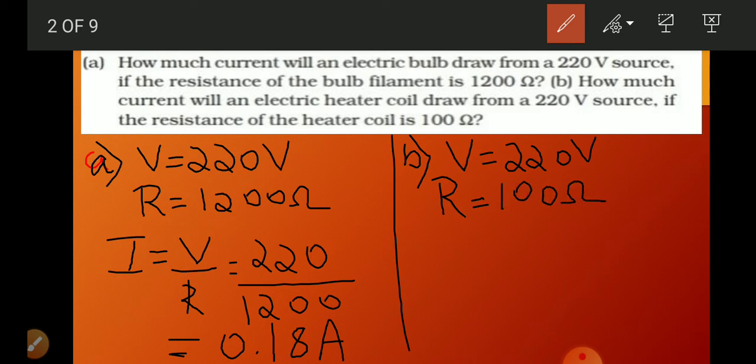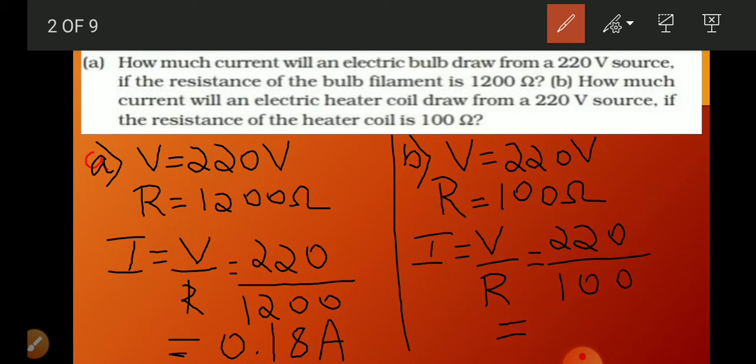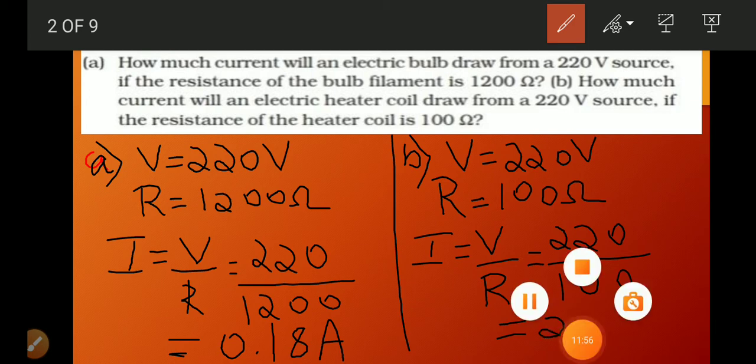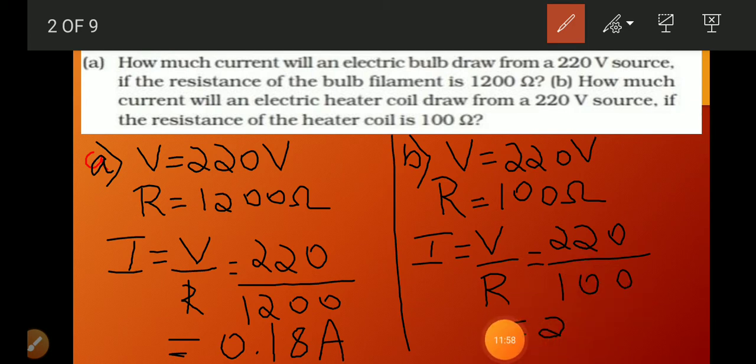Here also we have to calculate the current, I is equal to V divided by R, which is 220 divided by 100, which is 2.2 ampere. So current is 2.2 ampere.